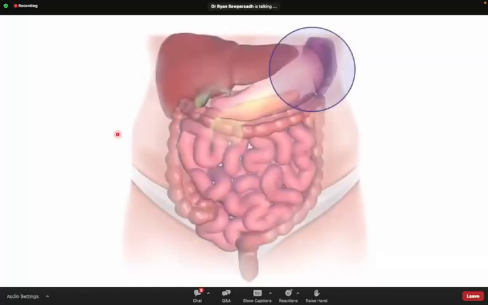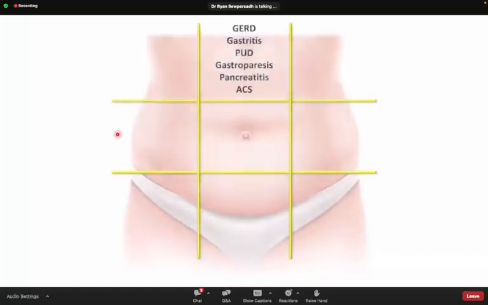Pain located here in the epigastrium could be from GERD, which is gastroesophageal reflux disease, gastritis, peptic ulcer disease, or gastroparesis, most commonly a sequela of long-standing diabetes because of autonomic neuropathy. It could also be pancreatitis, and occasionally you can have referred pain from an acute coronary syndrome.